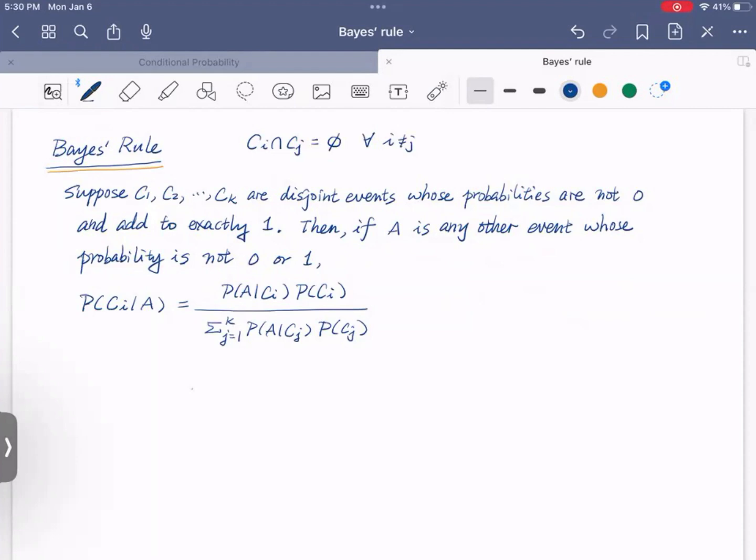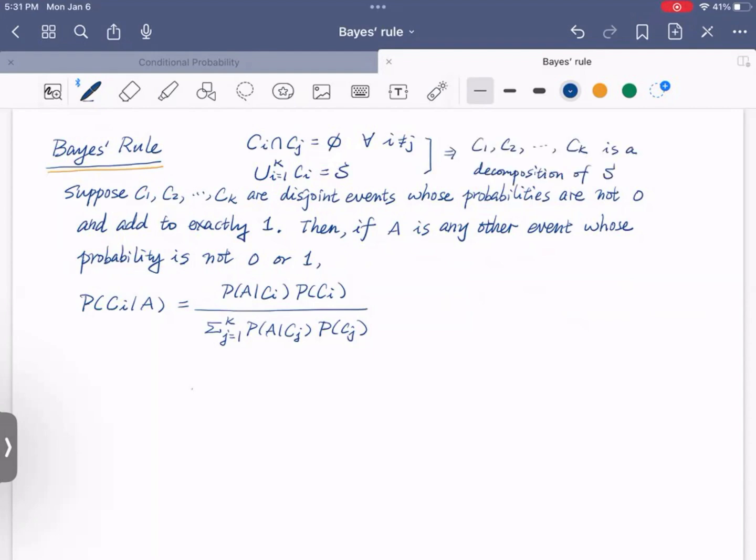And secondly, their probabilities add to exactly 1, which means the union of all of these events is exactly the sample space. So we can write the union, i from 1 to k, of Ci is equal to the sample space. Together, that means C1, C2, all the way to Ck is a decomposition of the sample space.